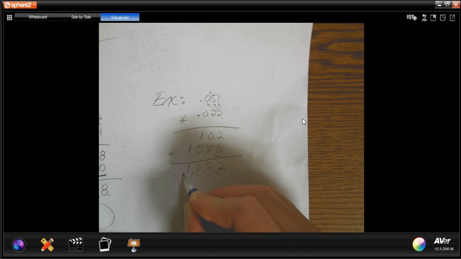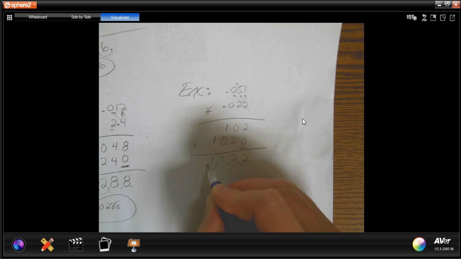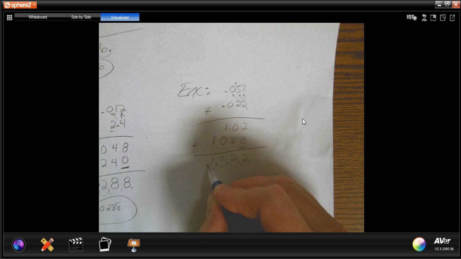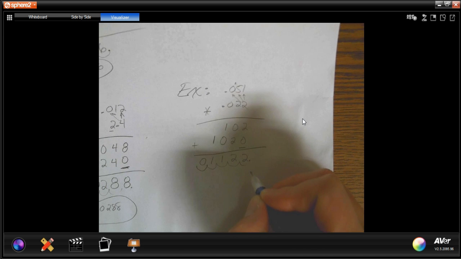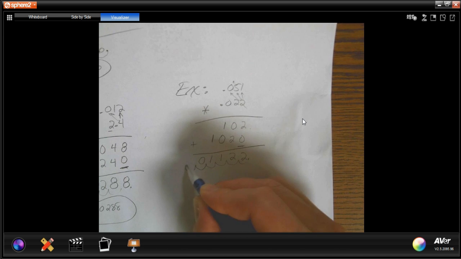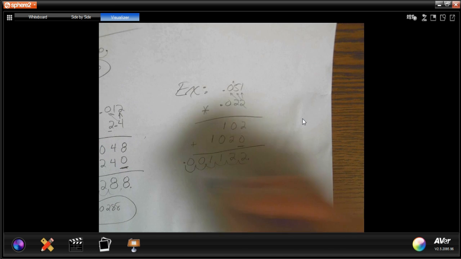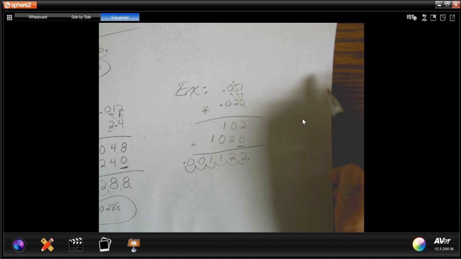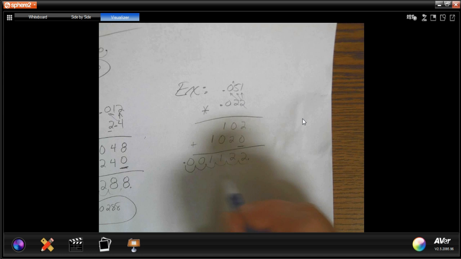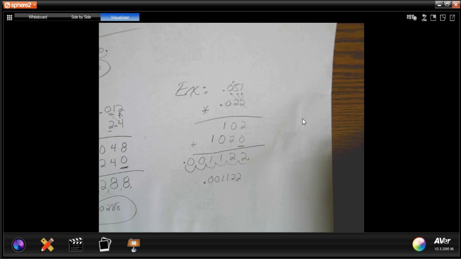And just like our first example, now we're out of digits, but we still have to move 2 more. So it's 5, add a 0, and 6, add a 0. So 0.051 times 0.022 gives me 0.001122.